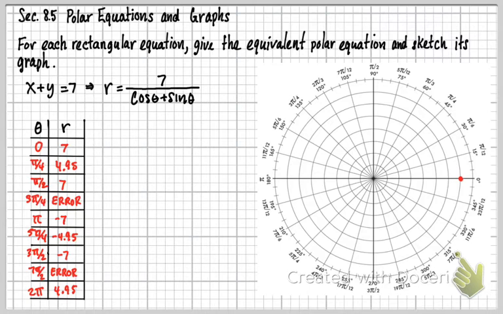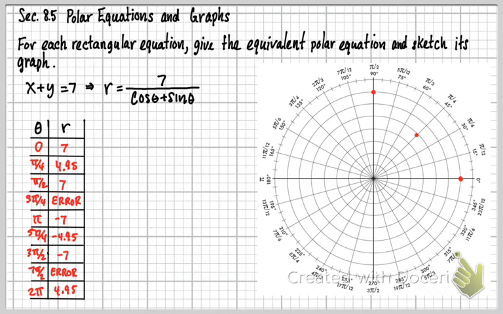I go out 1, 2, 3, 4, 5 is going to be there. So 4.95. It should be about right there. Okay, maybe even tighter. And then my next point at pi halves is going to be 7. So that's going to be up here. Okay, so there's that one.